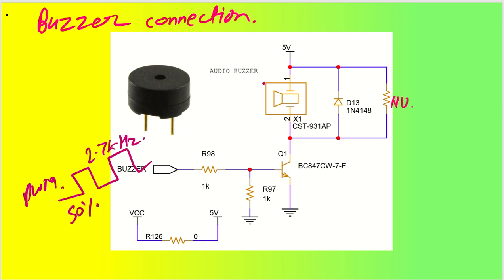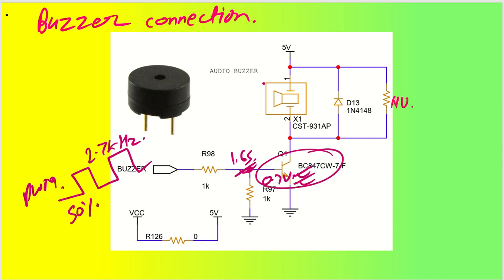This is voltage divided because it just needs 0.7 volt to switch on this transistor. I have put 1 kilo ohm and 1 kilo ohm, which will give around 1.65 volt here, so it will easily turn on this transistor.